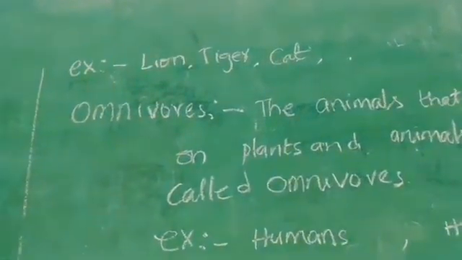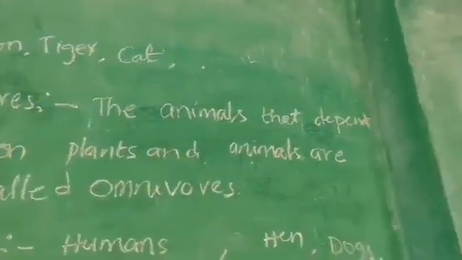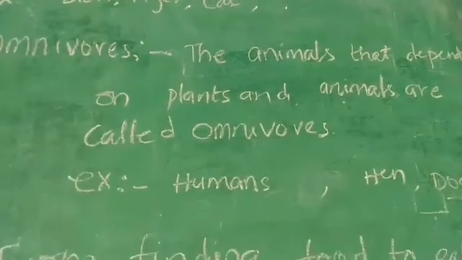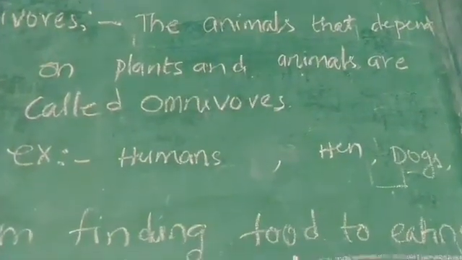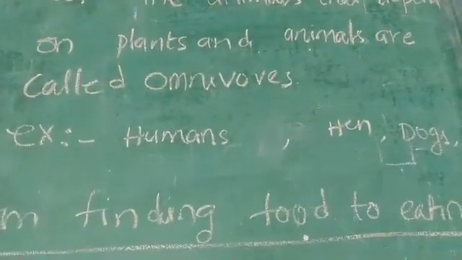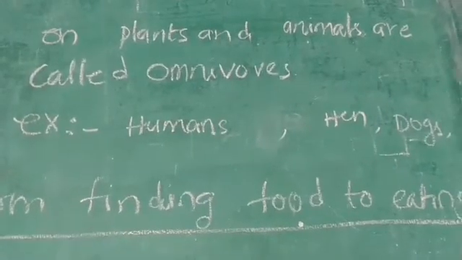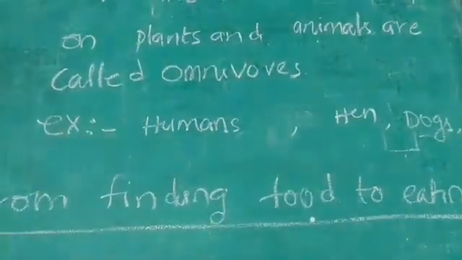Omnivorous animals depend on both plants and animals. Examples are humans and dogs.